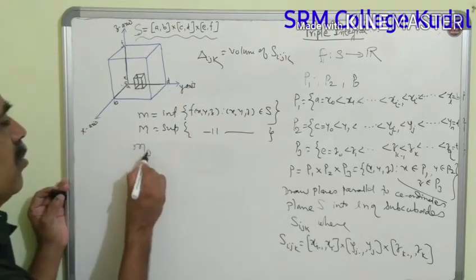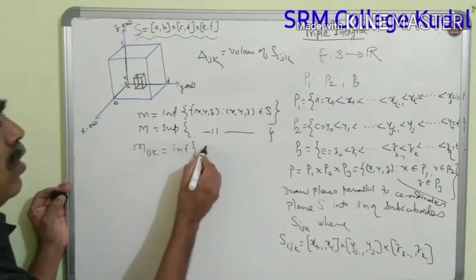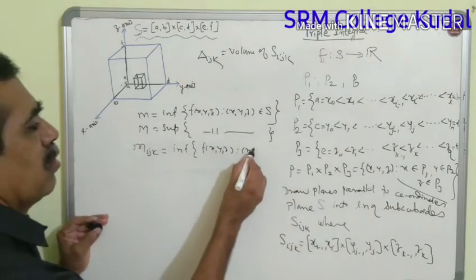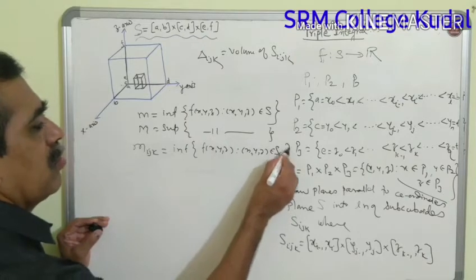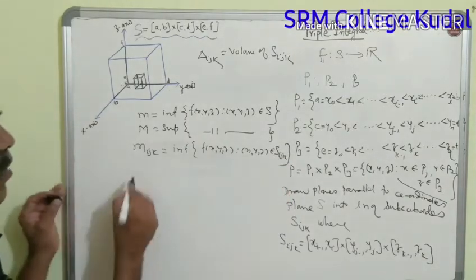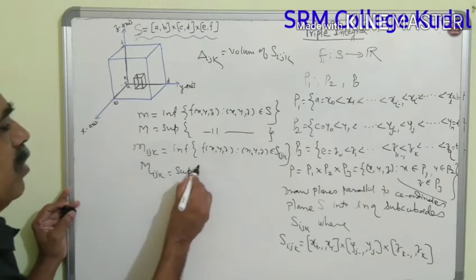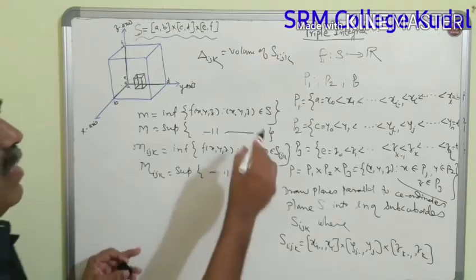Suppose mijk is the infimum of f of x, y, z on the subcuboid Sijk, and similarly capital Mijk as usual is the supremum on the subcuboid Sijk.